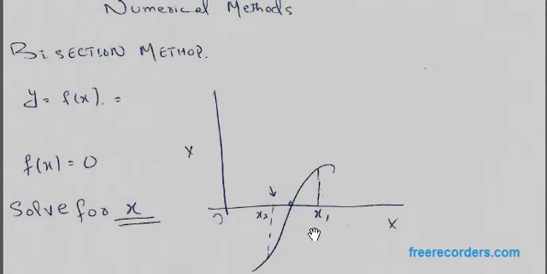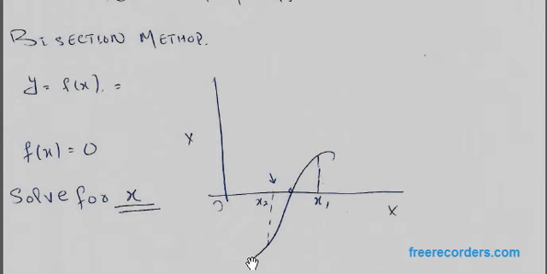This is basically called a root of the equation. I want to find f of x equals 0. Solving for x means I need to find the value at which the function of x is 0, y is 0.